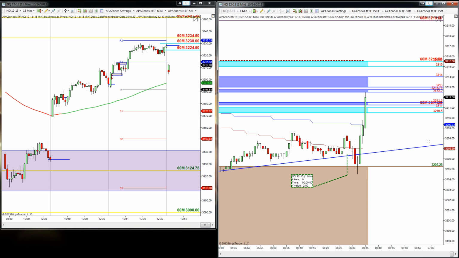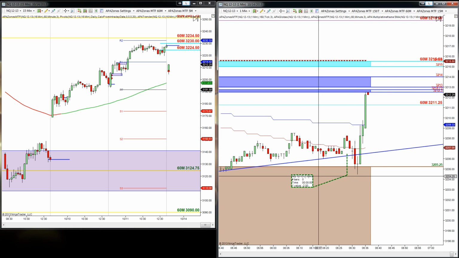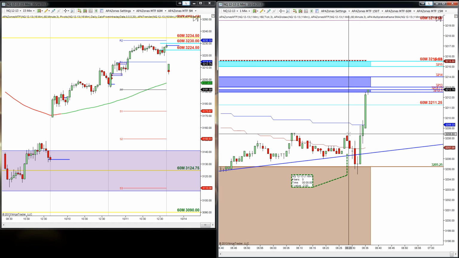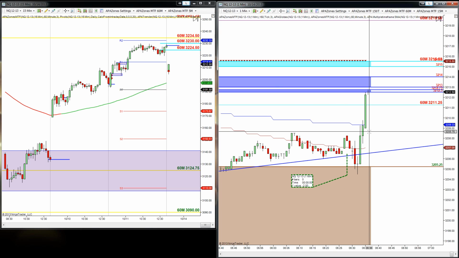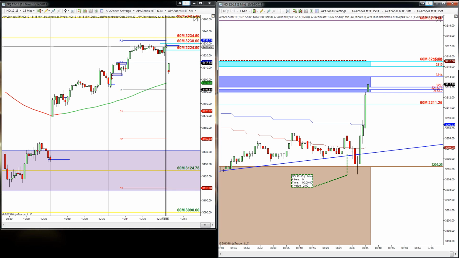The short play is no longer in effect in my mind since we did that double bottom and engulfed or surpassed these previous highs here. I think that's important, that we should be able to flip with the market as appropriate, you know.